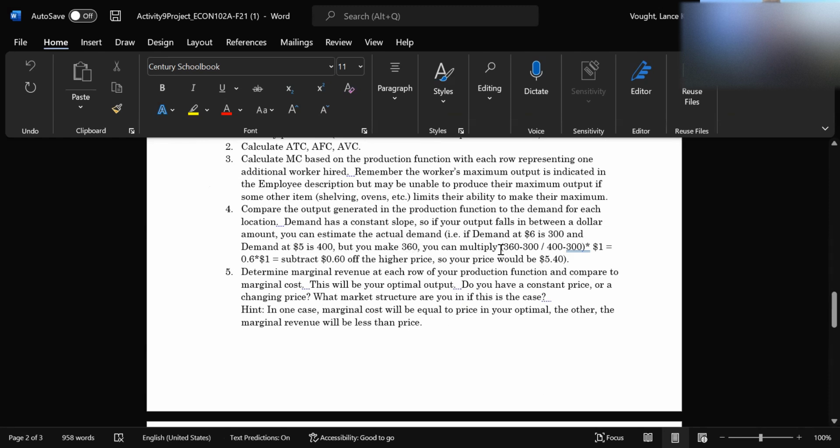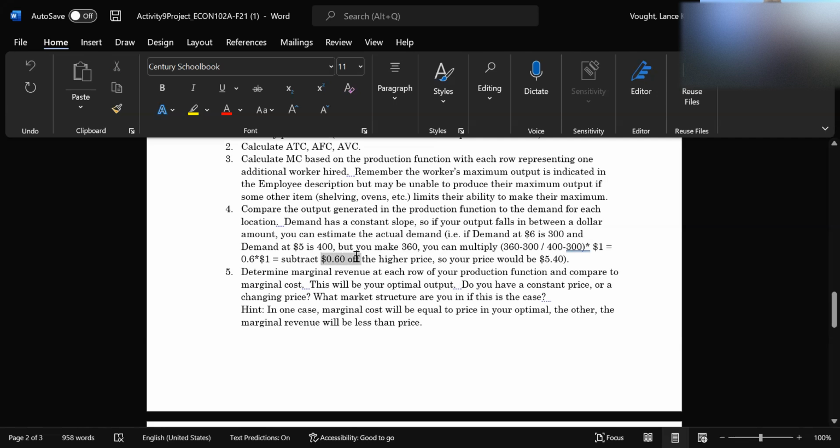Then you would take the difference between the two prices, which is $1, and then take the ratio there. So 100 is between them, so the denominator is 100. The difference between where you're actually producing and that is 360 minus 300, which is 60. So you do 60 divided by 100, which is 0.6 times $1.